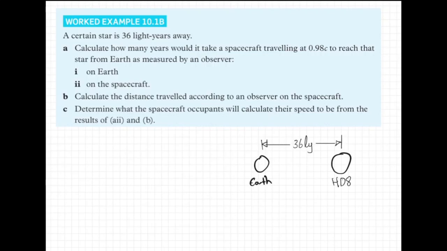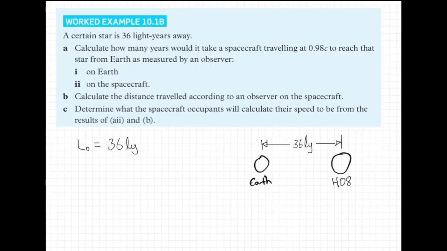Okay, so we've established that L0 is 36 light years. Now you can mess with units if you want, but the units end up cancelling out pretty easily, so we're just going to leave them as they are.